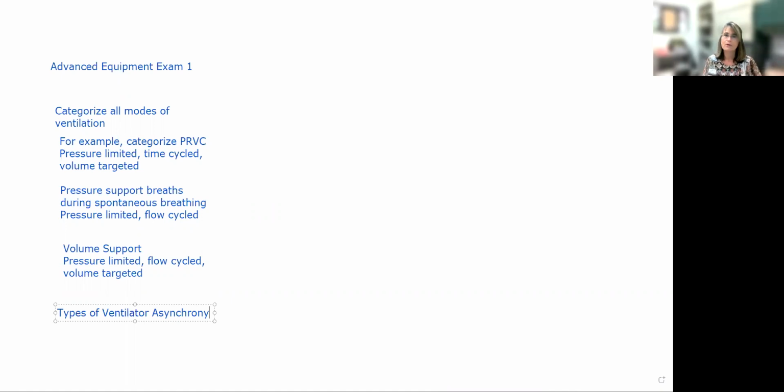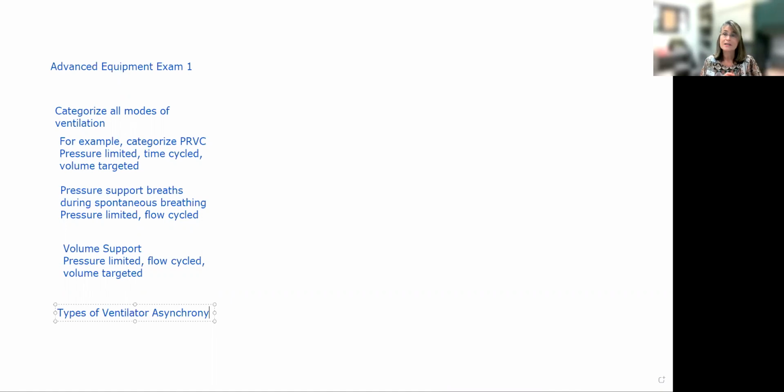So we talked about several different ways that the ventilator is not in sync with how the patient is breathing. One of them was how our sensitivity is set. If it's not set sensitive enough or it's set too sensitive.